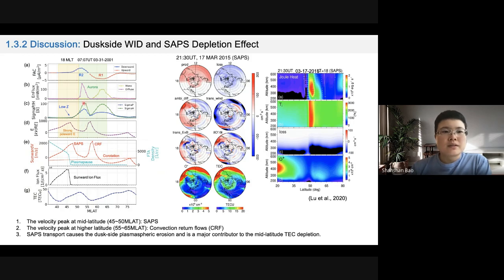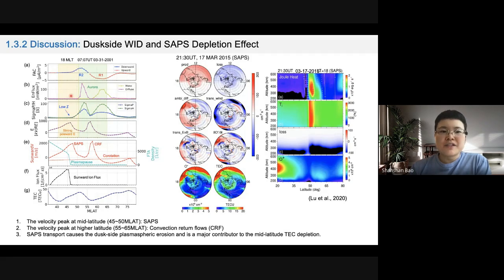We can also see the conductance response from those two precipitations. We can see in the orange shaded area that a part of the region 2 current is not covered by the precipitation. This will lead to a low conductance region, but region 2 currents still need to be closed. As a result, a strong poleward electric field is generated.